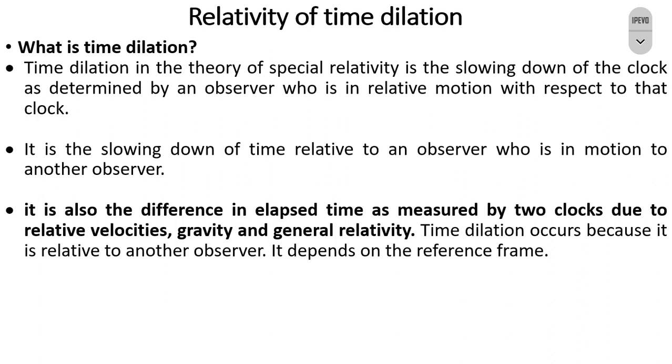Time dilation occurs because it is relative to another observer. It depends on the reference frame. Are you following what I'm trying to say? So time dilation occurs because it is relative to another observer, and it depends on where you are looking at it from, the reference frame.